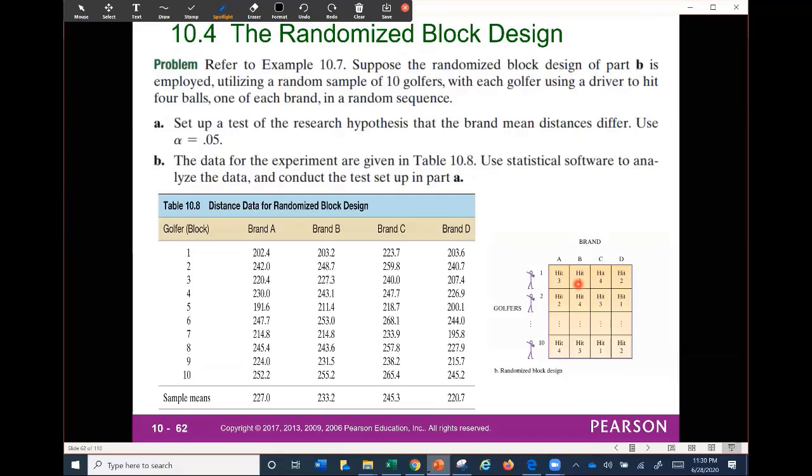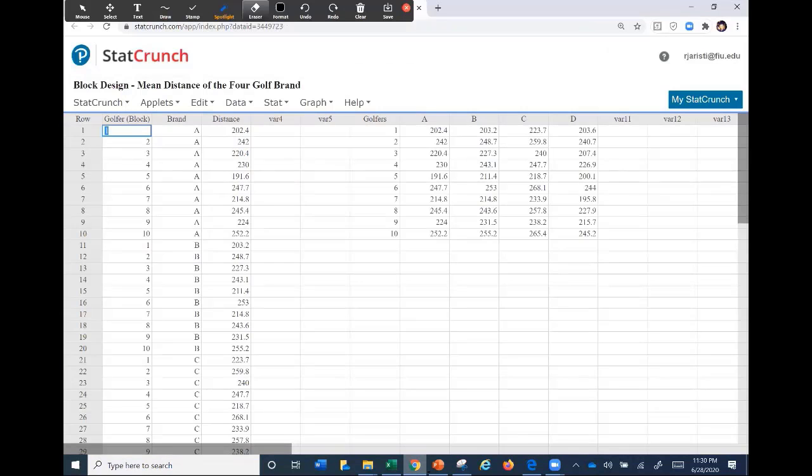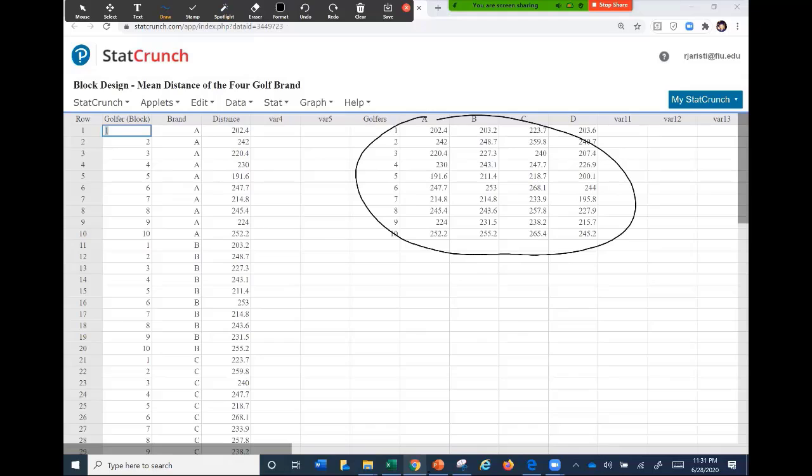Remember, the first thing you have to do in this problem is to solve it using technology. How can you use technology? You have to go to StatCrunch. The original data is this one. The original data is given here, but this software requires that my response variable be in one column like this, only one column.